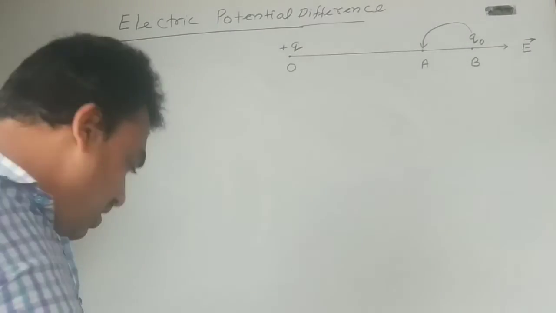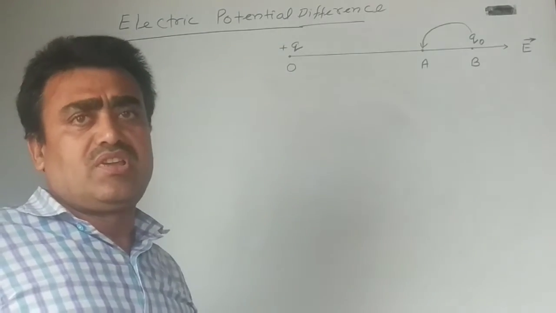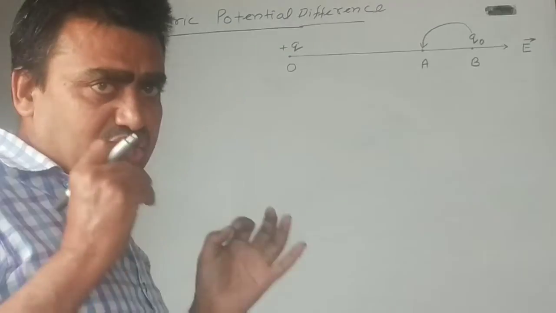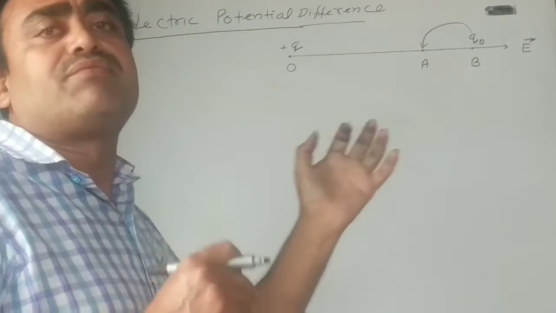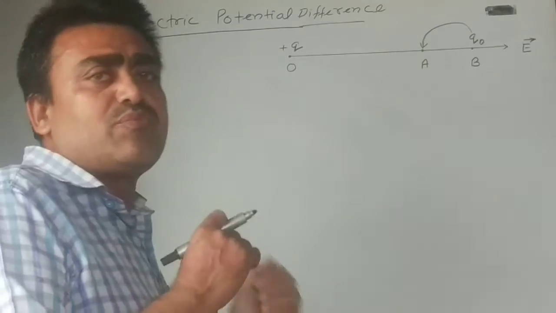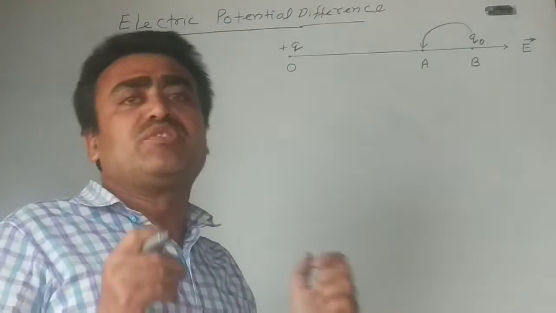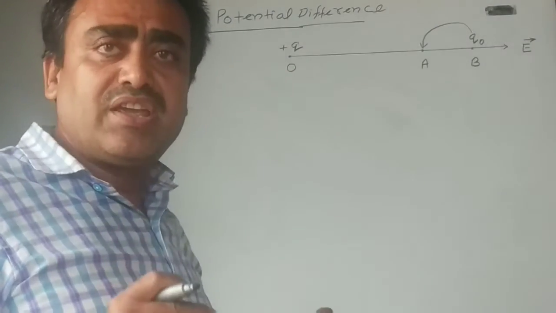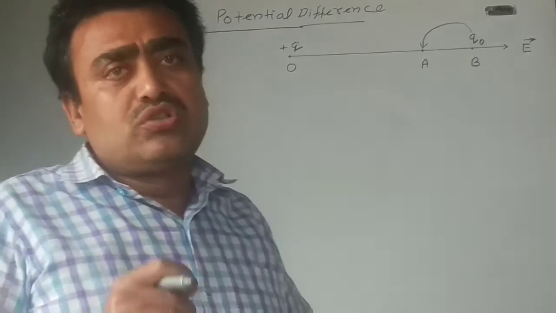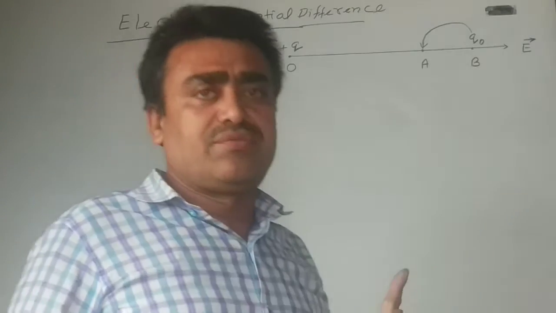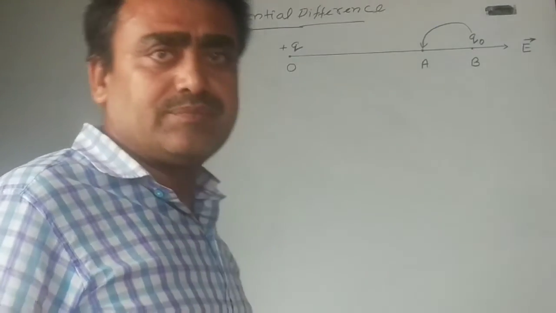It is a small part of the electric potential. In electric potential, a unit positive charge is brought from infinity to any point of the electric field. But here, a unit positive charge is brought from one point of the electric field to another point of the electric field against the electrostatic force.